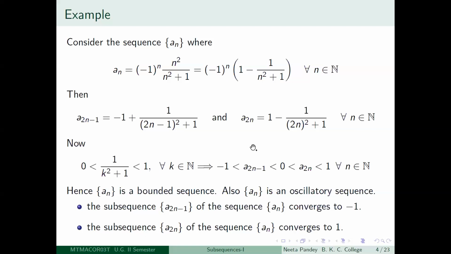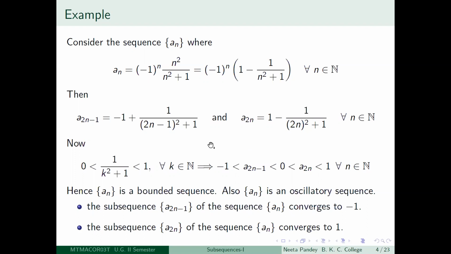There is one subsequence which consists of all odd terms, which is converging towards -1, and there is another subsequence consisting of even terms which is converging to 1. So if you want another example of a subsequence which converges, it will converge to either -1 or 1. There is no other possibility.